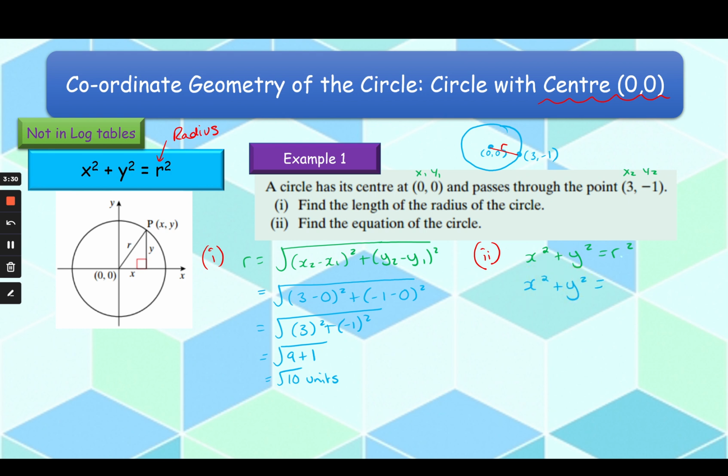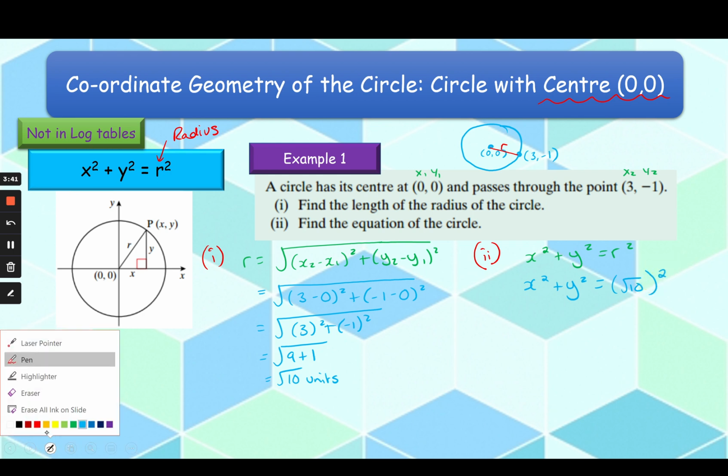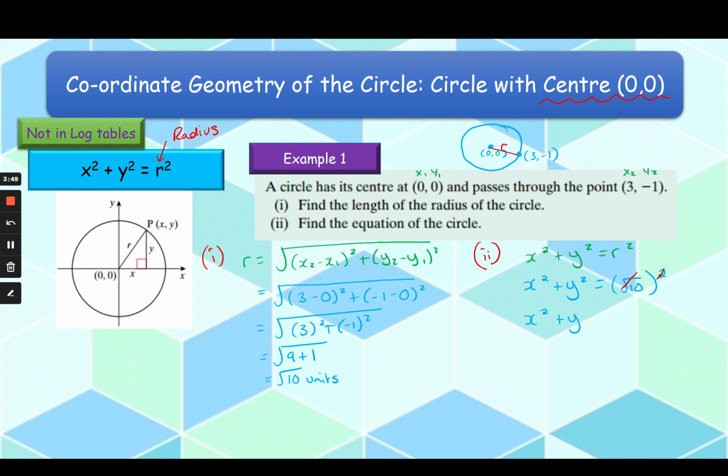But instead of r squared, I'm going to sub in my radius. In the last question, I found that my radius was the square root of 10, so I'm going to put in the square root of 10 squared. The square root and squared are opposite to each other, so they cancel, which leaves me with x squared plus y squared is equal to 10, and this is my equation of the circle, guys.